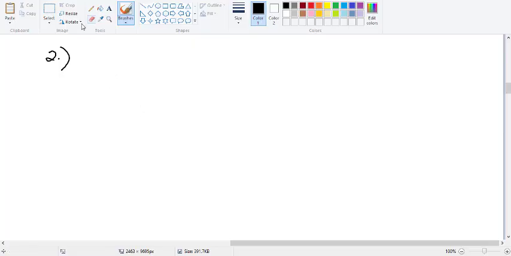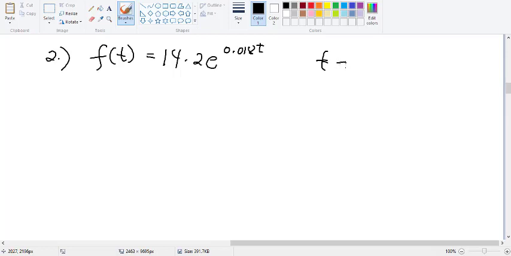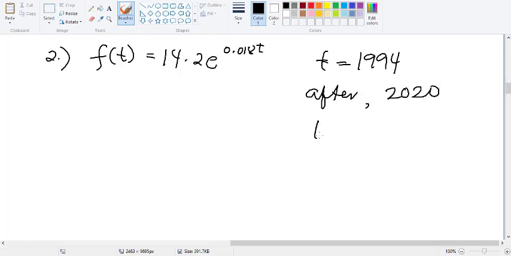So, ito daw yung model na gagamitin natin: 14.2 e^(0.018t). Ang hinahanap natin is the population in 2020. So, ang t dapat natin is 2020 minus 1994, which is 26. Okay, so our t now is 26.